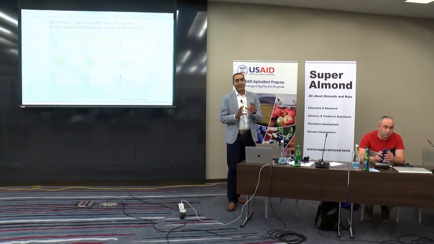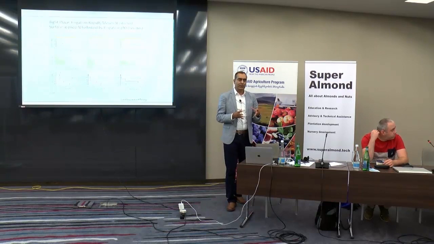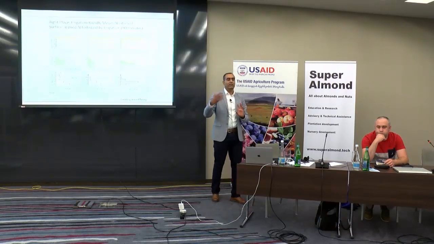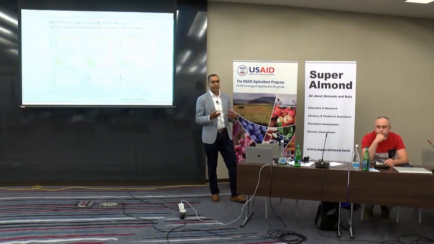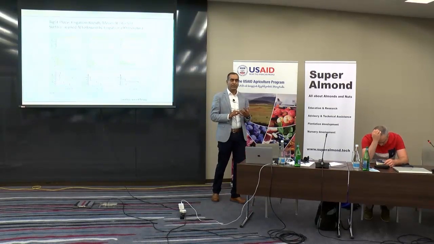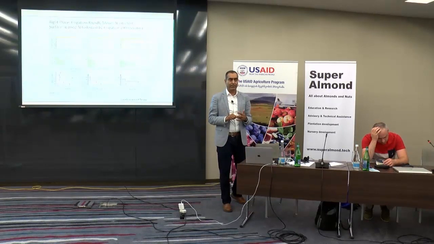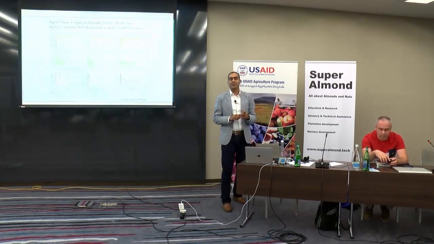Disease pressure, not so much, because we are a dry Mediterranean climate, unless we have a really wet spring or bloom time rains, where we can have a lot of diseases. Otherwise, the rest of the season, we have minimal diseases. Navel orangeworm is one of the major pests of economic importance, and it is really a big problem in terms of pests.